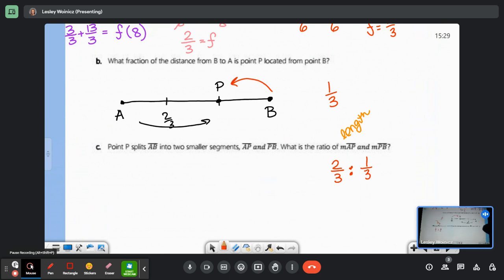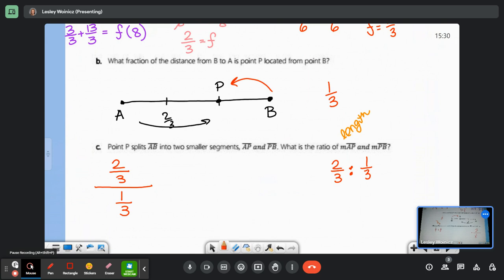Okay, you might remember that an alternate way to write a ratio is as a fraction. So this would be 2/3 divided by 1/3. The reason this looks gross is because of the 3's in the denominator, right?